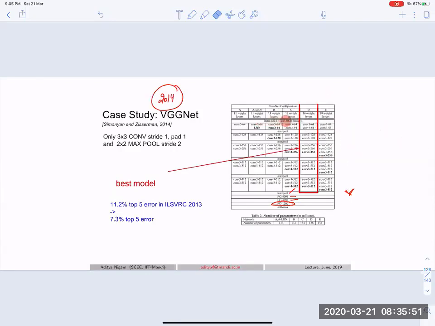Yes. But how will we know whether this covers all kinds of inputs, or is it only for alphabets or numbers? So this was not actually for alphabets and numbers. That data was the MNIST data set. All these networks are trained for a very complex task over the ImageNet data set, which has 1000 different classes.